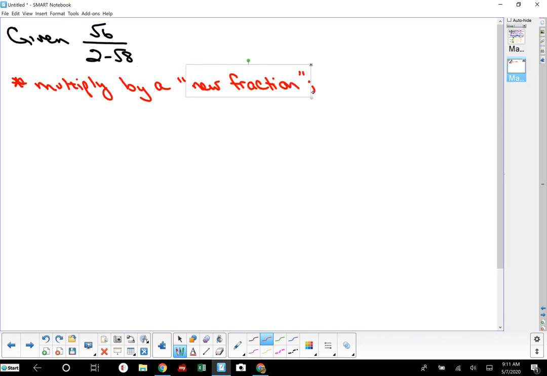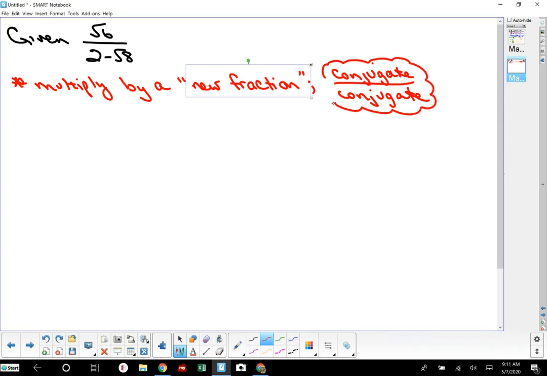That new fraction is going to be the conjugate over the conjugate, okay, which equals 1, right? Something divided by itself is always equal to 1. So this is what you're going to multiply by, and then we're going to simplify.